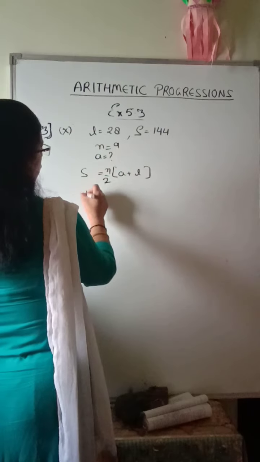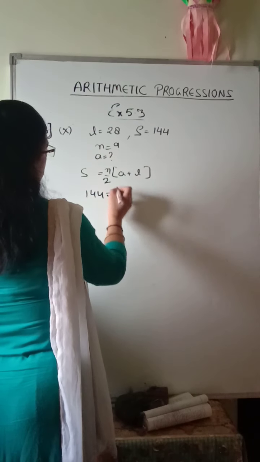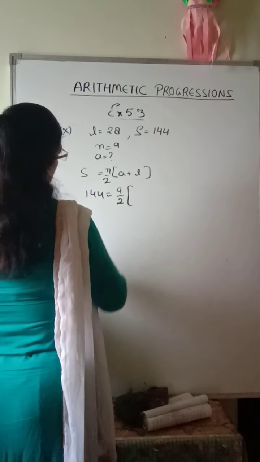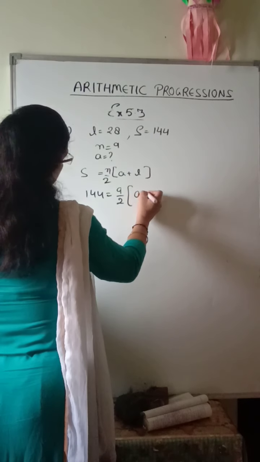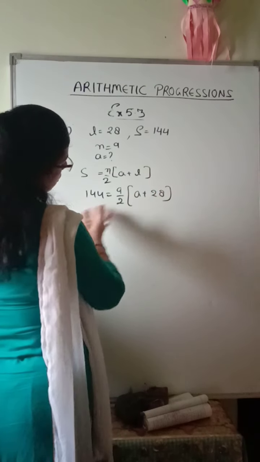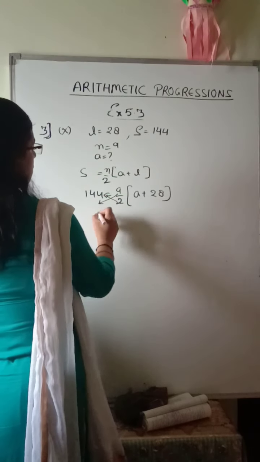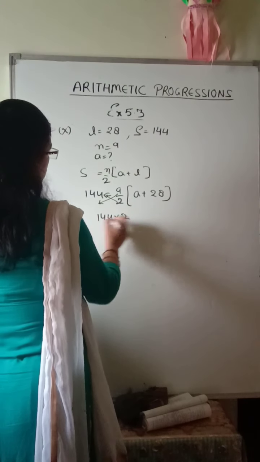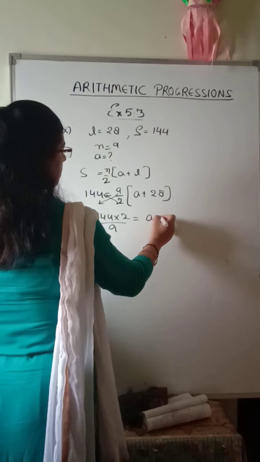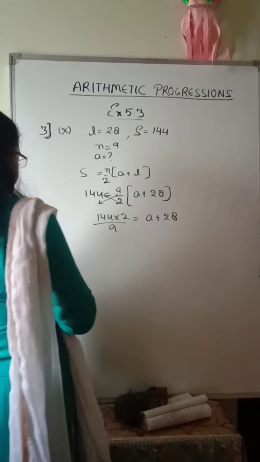S is given to you 144 equals to number of terms 9 upon 2. A is not given to you, plus L is given to you. So only one unknown, you can easily find. 2 को numerator में, 9 को denominator में. 144 into 2 upon 9 equals to 8 plus 28.